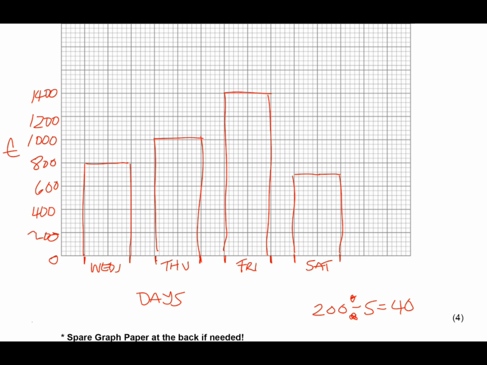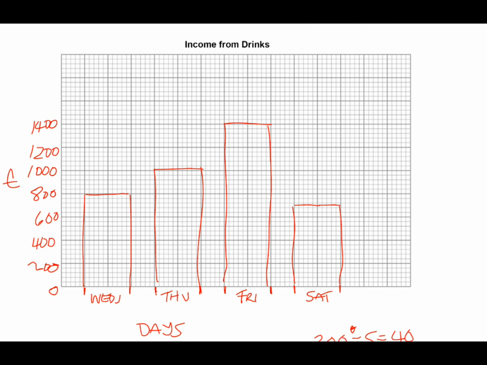And that's pretty much our bar chart. So income for drinks, good scale, axis labels, a bar for each of the 4 things we're trying to represent.